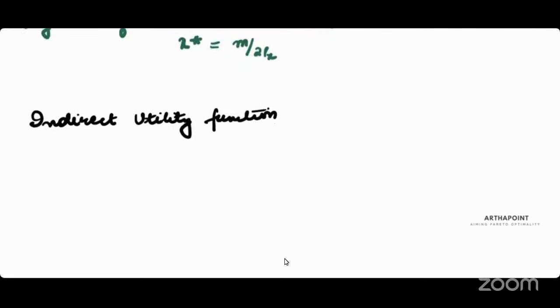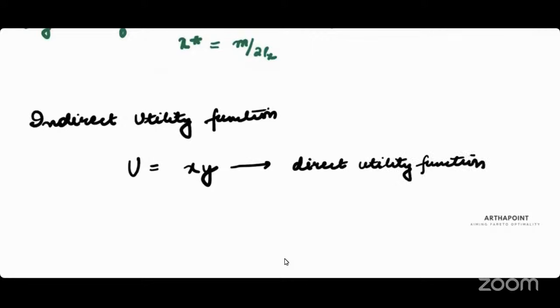See, we started with a case where u was equal to xy. When u is equal to xy, this is called the direct utility function. A direct utility function will always directly tell you utility as a function of the commodities, the goods x, y, z, min of x, min of y, etc.